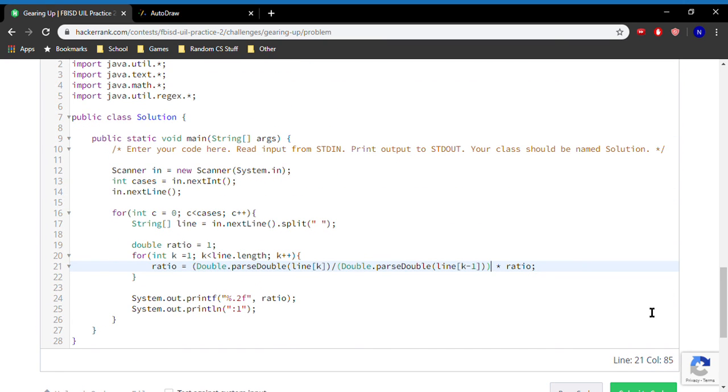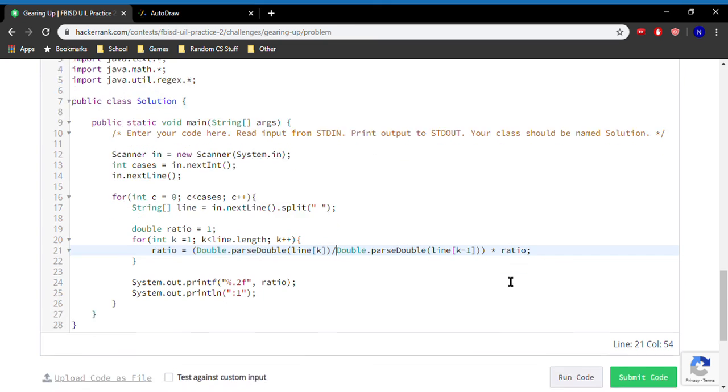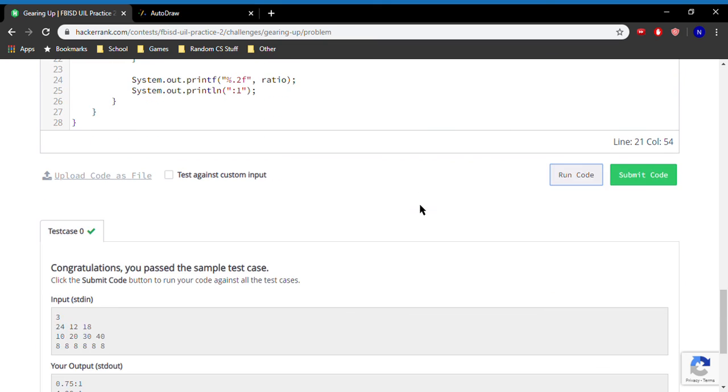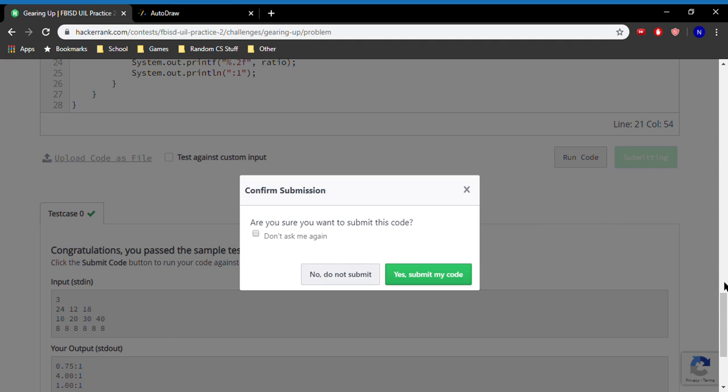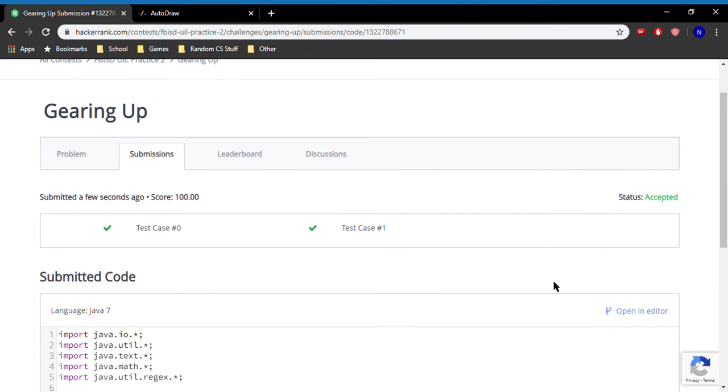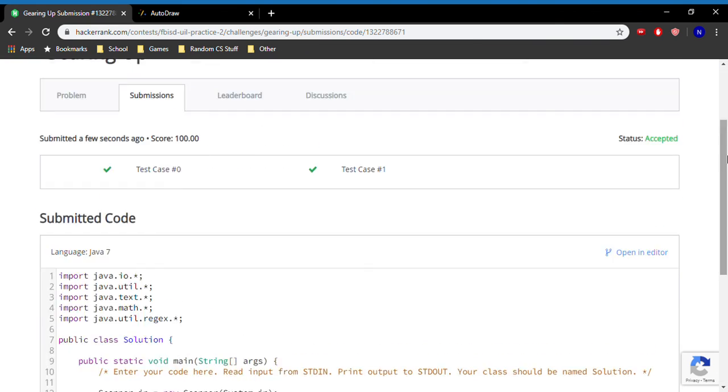I think I am missing a parenthesis somewhere. Oh, right. So when you're doing the problem, make sure you don't mess up your parentheses and add a bracket somewhere, because obviously that will make it wrong. But then if we submit this, that'll give you the right answer. Good luck on the rest of the problems, and have fun.